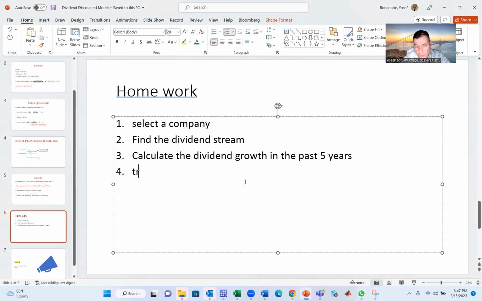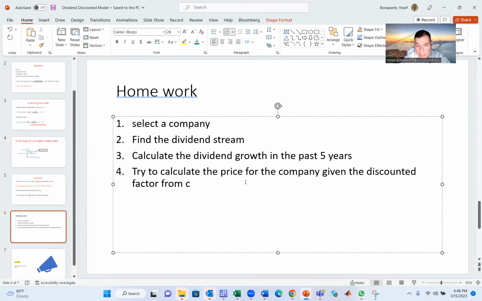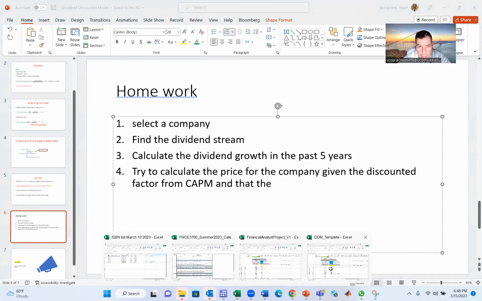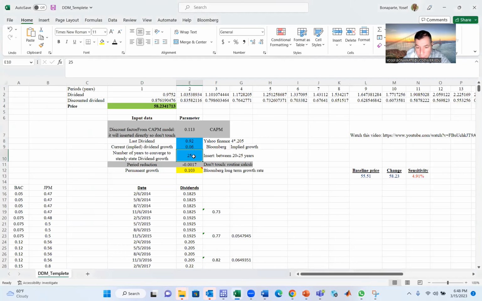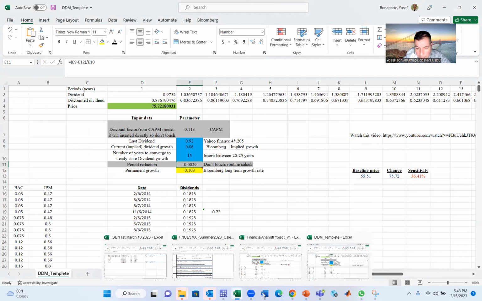And then try to calculate the price for the company given the discount factor from CAPM that you calculated in the previous assignment, and use here 25 years, 20 years, what's the price, report that, and 15 years. And report the price in this.